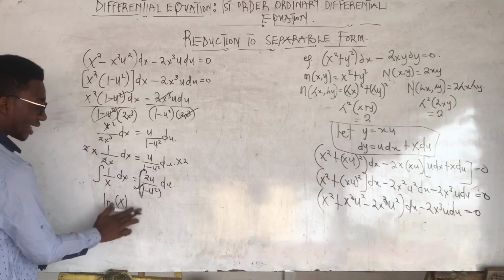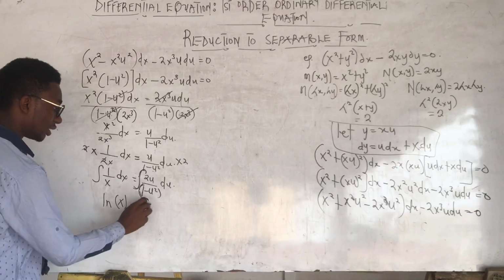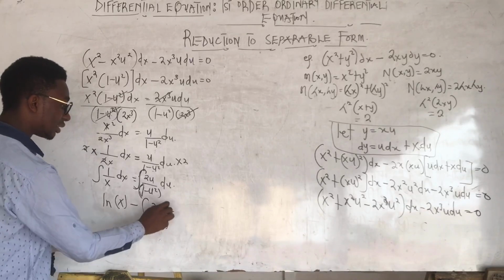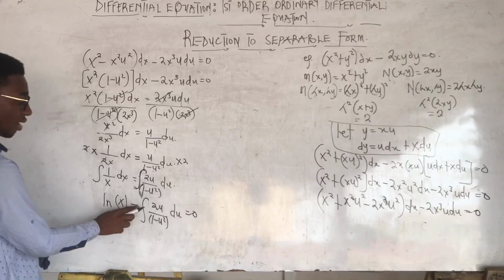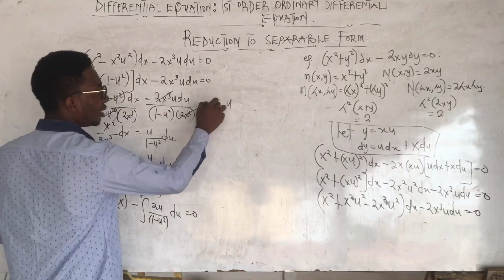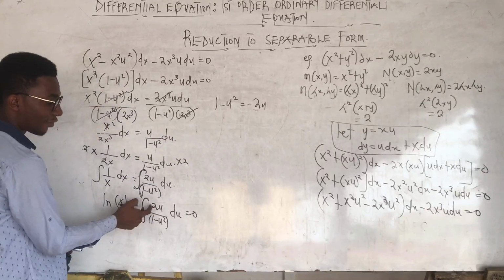We can bring it back again to the equation. So we get 1 over x dx divided by minus 2u over 1 minus u squared du, which is equal to 0. So now I have the negative, which is already affecting that. Are you getting it? So now when you find the derivative of this, you get minus 2u, and that is the same as what we have on top here.